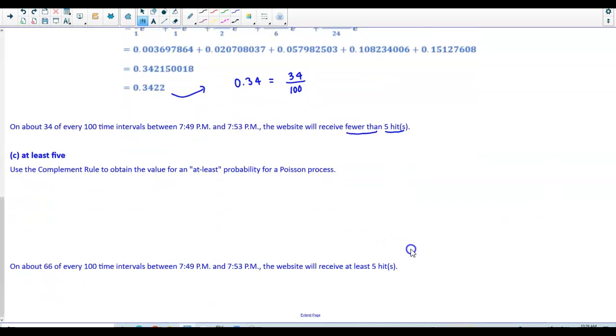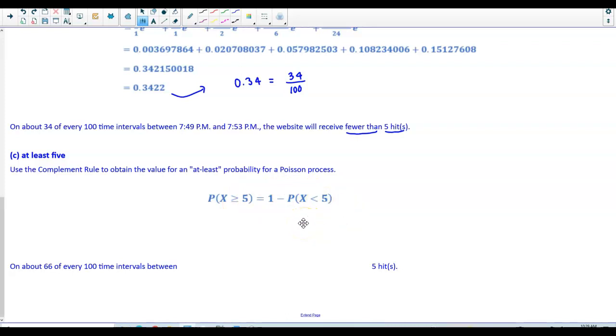Okay, next, this says at least 5. We would use the complement rule to obtain the value for an at least probability for a Poisson process. Remember that at least is the same thing as greater than or equal to 5, and the opposite of greater than or equal to 5 is less than 5. Let's do this in two different ways.